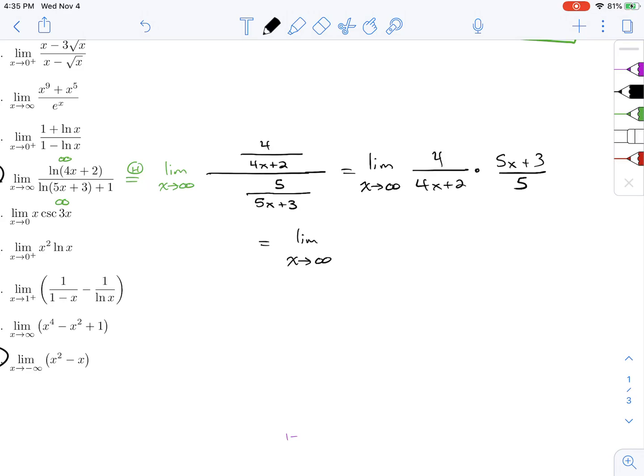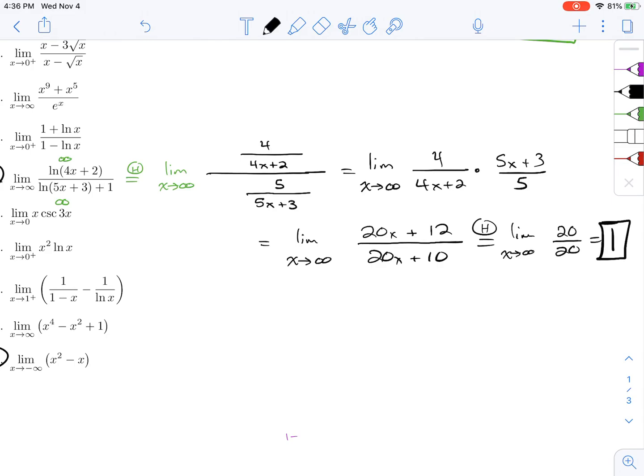So if I distribute that 4 and 5 across, I get 20x plus 12, and then 20x plus 10. And if I wanted to, I could use L'Hopital's rule again here. What the heck, let's do that. It's kind of overkill, but it works. Because it gives me now 20 over 20, and that's just 1, and that's my answer.